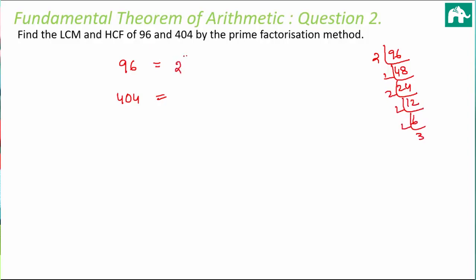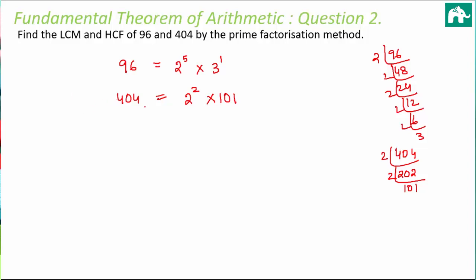So this can be written as 2 to the power 5 into 3 to the power 1. Now let's deal with 404. 2 2s are 4, 2 2s are 4, 2 1s are 2. So this becomes equal to 2 to the power 2 into 101. So this is how we can write them as product of powers of primes.